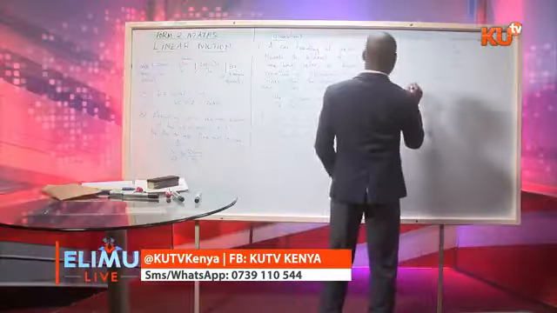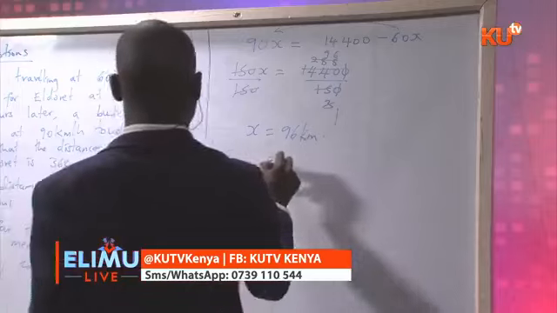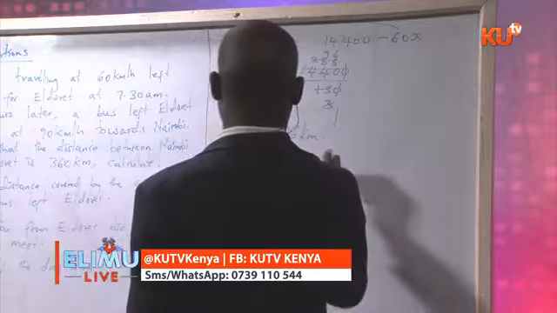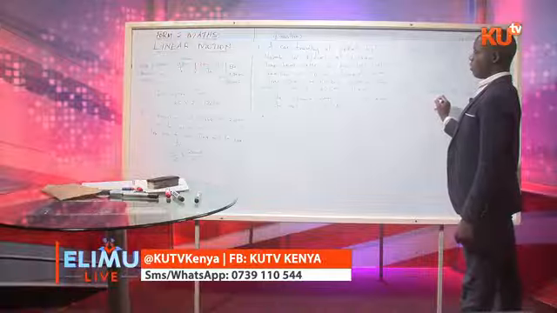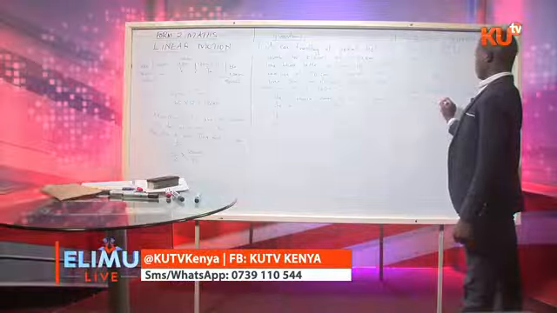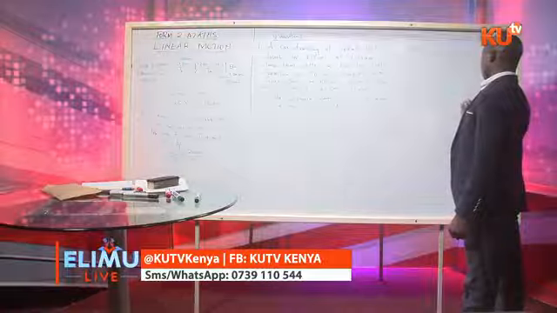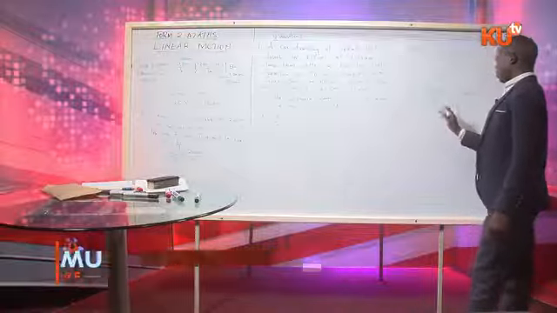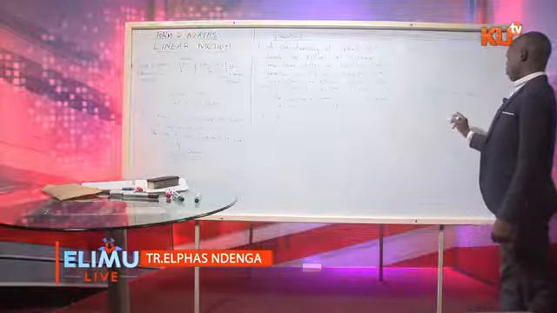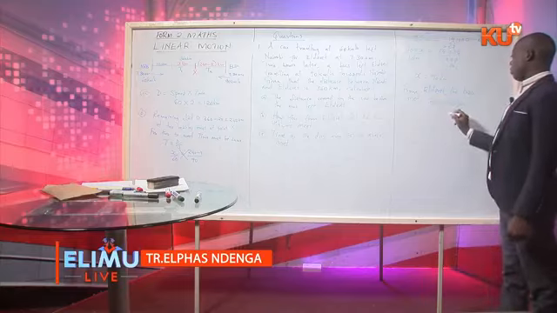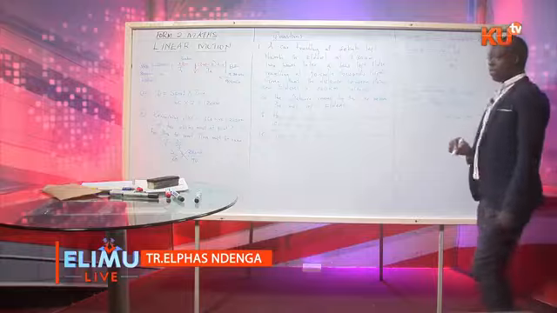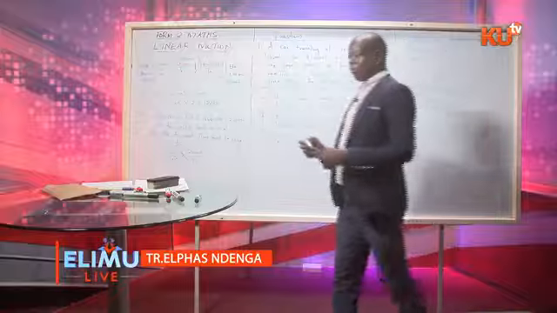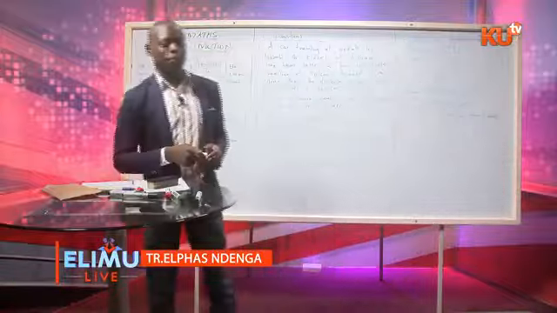So from Eldoret, the two met 240 less 96 kilometers. And this should be 144 kilometers from Eldoret. So our answer is 144 kilometers from Eldoret.